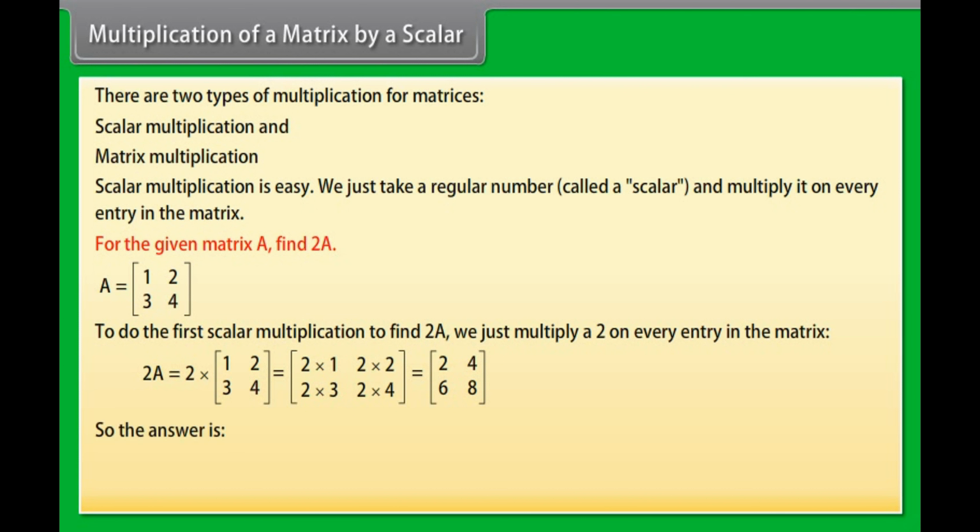So the answer is 2A equal to the matrix, first row 2, 4, second row 6, 8.